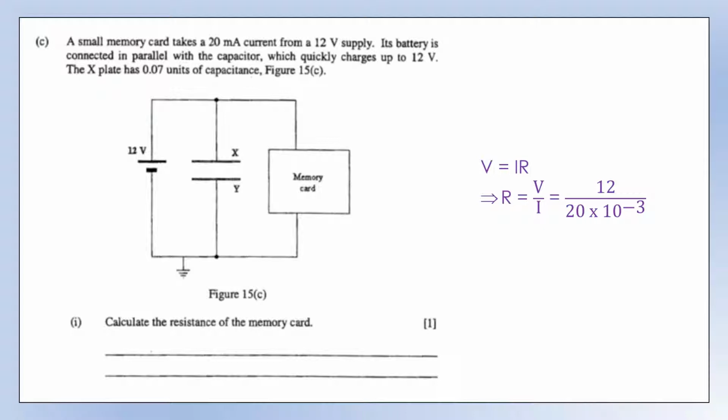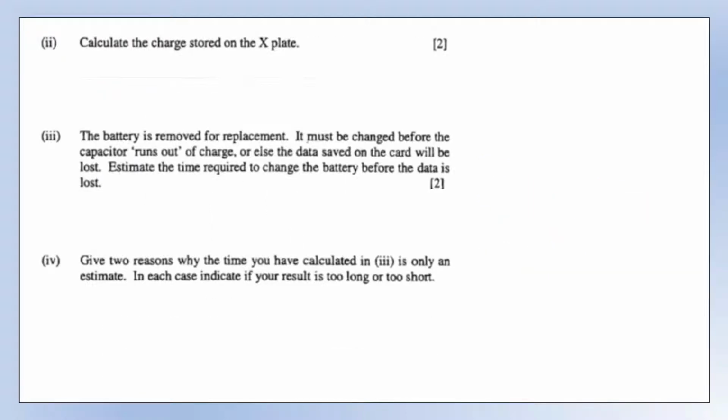We've got the potential difference, we've got the current, so we can see the resistance is going to be 600 ohms. Calculate the charge stored on the plate. Well, we had the equation C equals Q over V, so we can rearrange that to Q equals CV. So you can see it's 0.84 coulombs of charge, or an absolute boatload of electrons if you want to think about it that way.